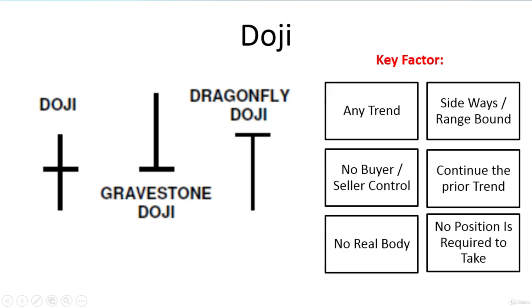All 3 patterns have one common factor: the real body is negligible. That means opening and closing are at the same level. It is also considered that the buyers and the sellers are both not in control. This situation is considered an indecision position.